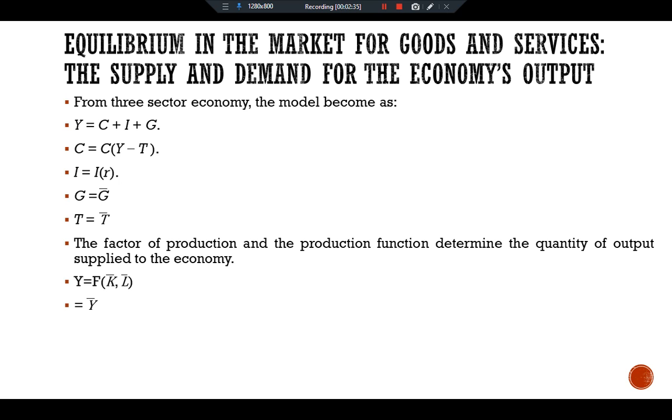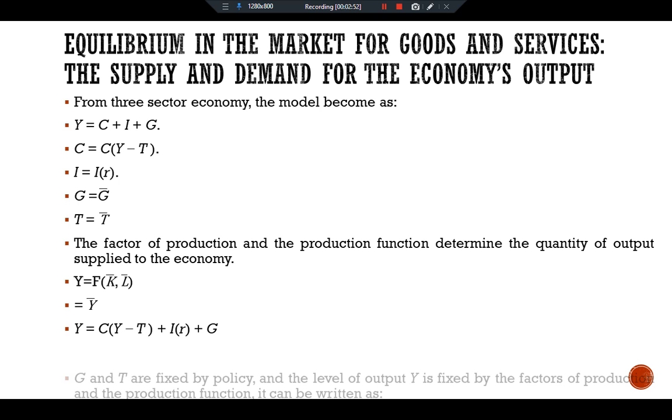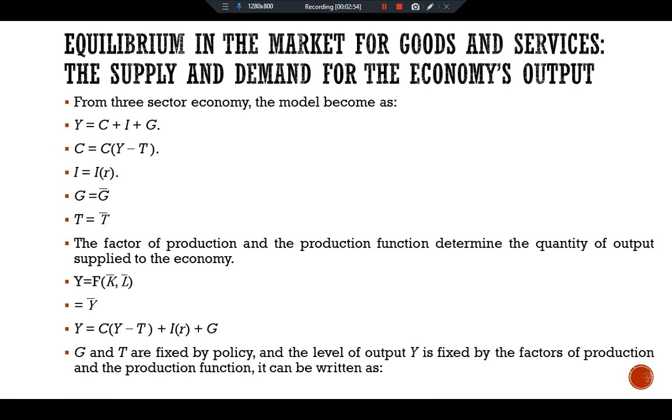If we substitute the consumption function and the investment function into the national income accounts identity, we obtain Y = C(Y - T) + I(r) + G. We suppose that G and T are fixed by policy and the level of output is fixed by the factors of production and the production function.